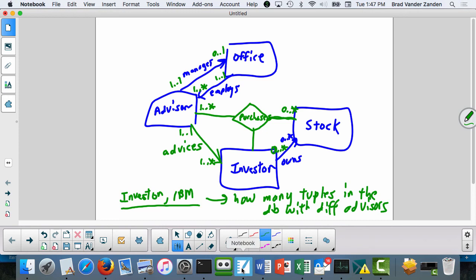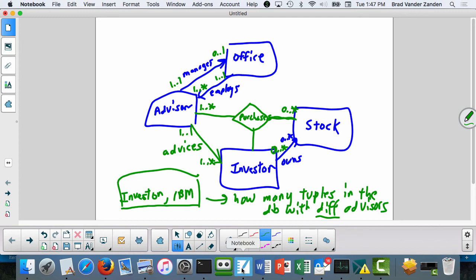Someone asked the same question the other day on Piazza, which is, when we pose this question, it's not for a specific tuple. We're asking, for this specific combination of entities, how many tuples in the database exist with different instances of that entity. Wouldn't there be a purchase ID number in the purchases?